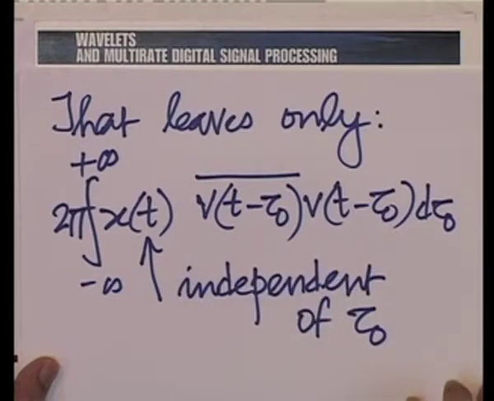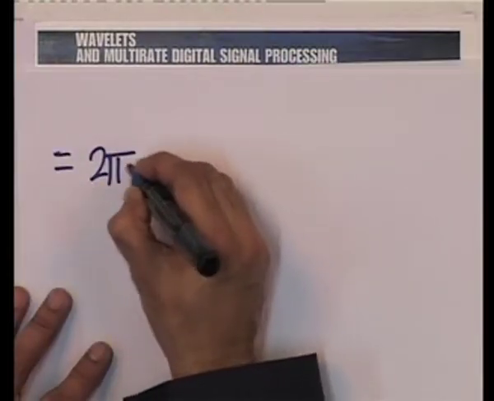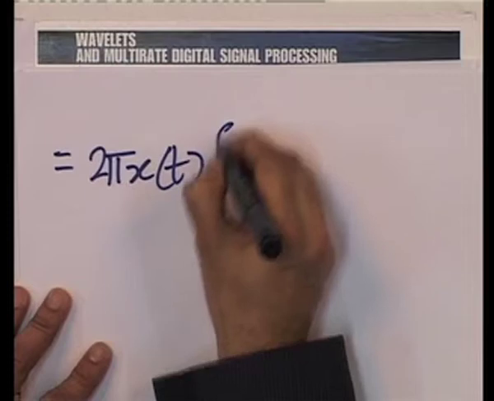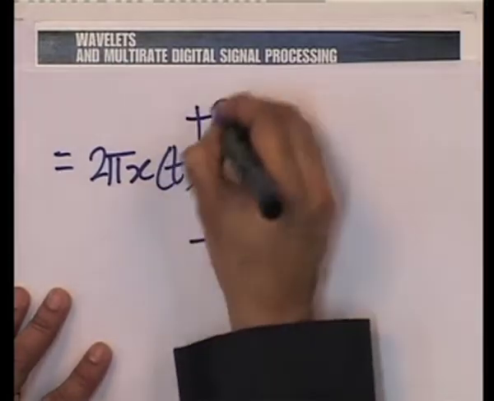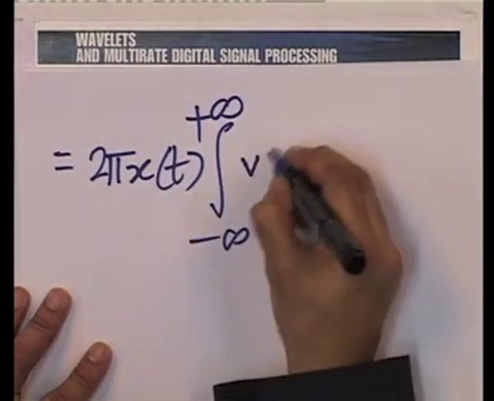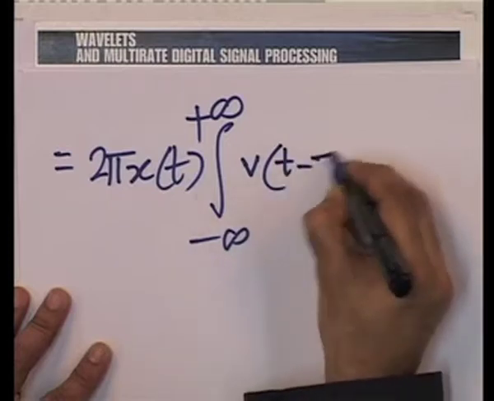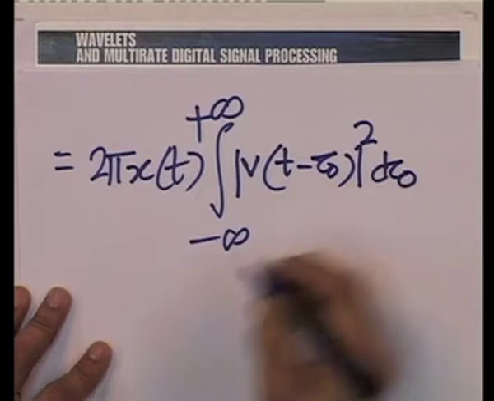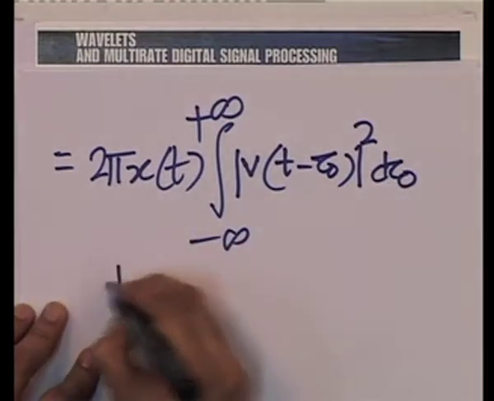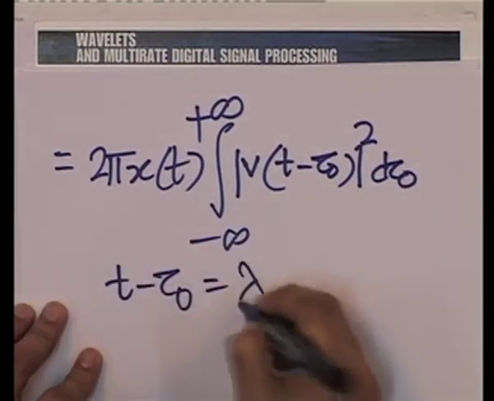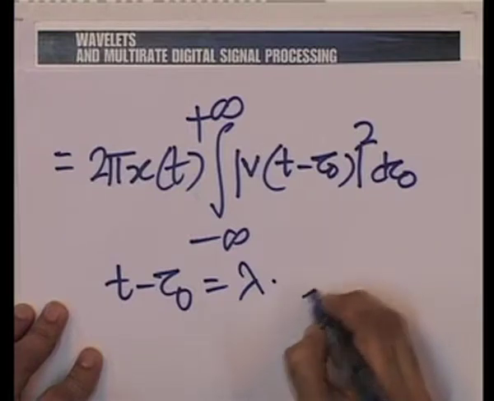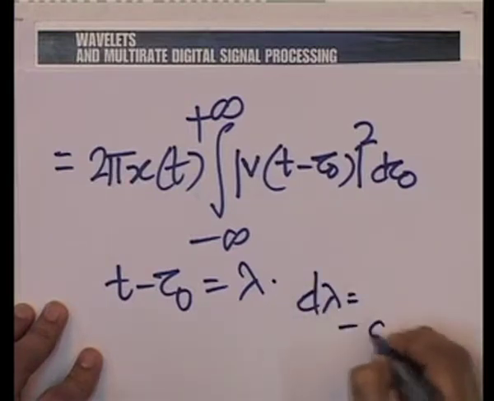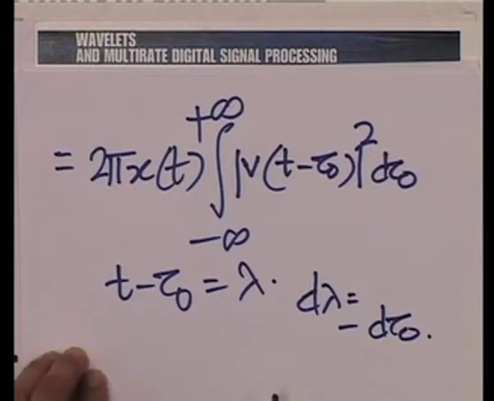Let me write that down explicitly. So, this becomes equal to 2 pi x t times the integral from minus to plus infinity of mod v t minus tau naught the whole squared d tau naught. And if we make the replacement, t minus tau naught is lambda, whereupon d lambda is minus d tau naught.